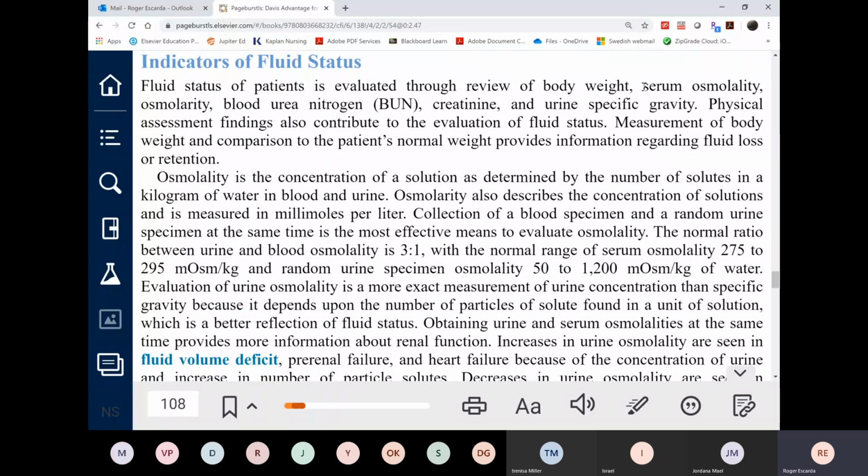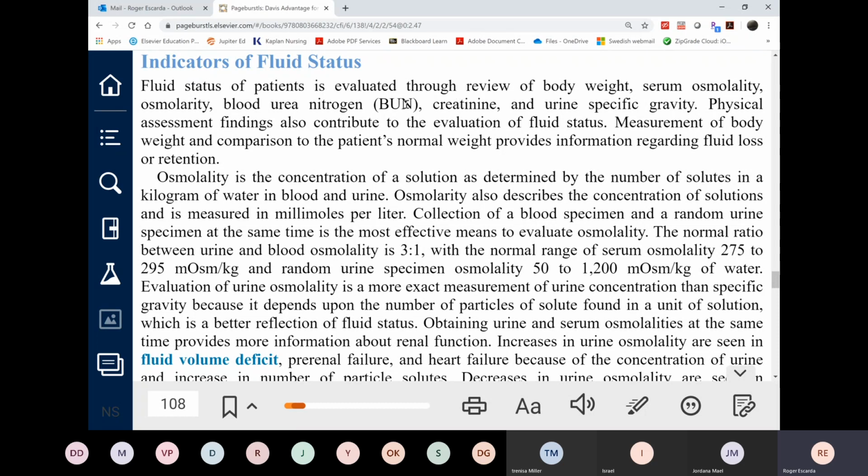You can see it directly on your hematocrit and hemoglobin. We'll discuss that shortly. And like I already said, BUN and creatinine are metabolic waste products. If they increase, the kidney is not working properly, and that also means the concentration of your blood is very concentrated.